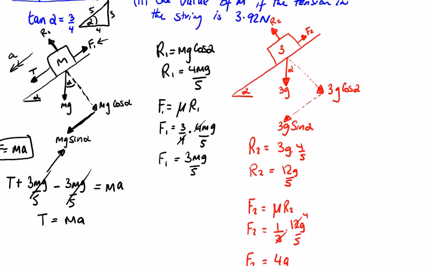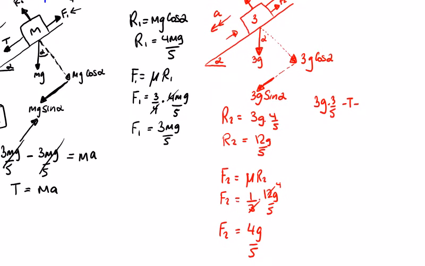And for the forces at play, we should probably write our acceleration here, in this direction. What's going in this direction? I've no string on this side of the block, so the string, I should put back this way. That's my T. So we're starting with 3g sine alpha, where sine alpha was 3 over 5, and then take away these two forces that are opposing it, T minus F2, which we've got to be 4g over 5.